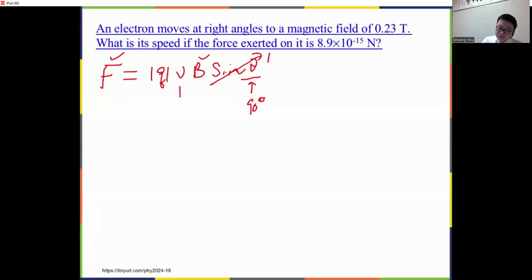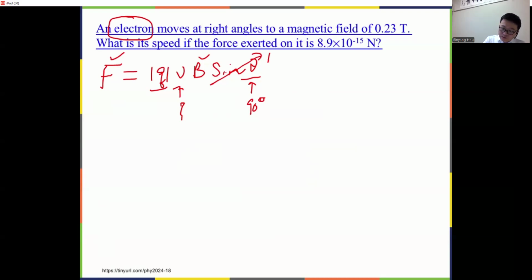You're looking for this V. And so we need to know q. Do we know q in this case? You can pause and think about it. The answer is yes. It says electron, so it has the electron charge, 1.6 times 10 to the minus 19. And there's absolute value, so we'll just take the positive number.